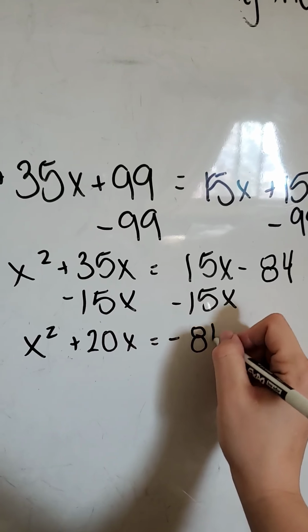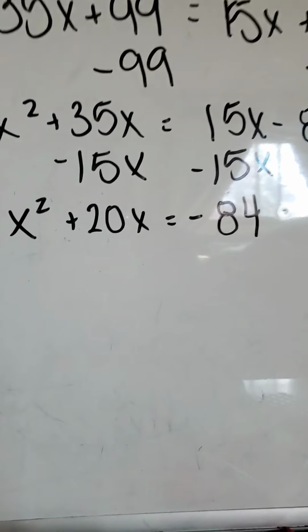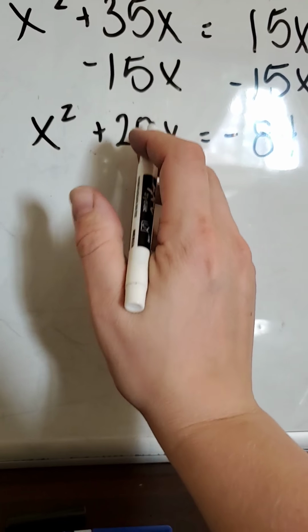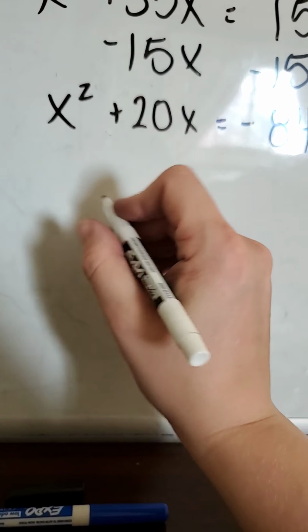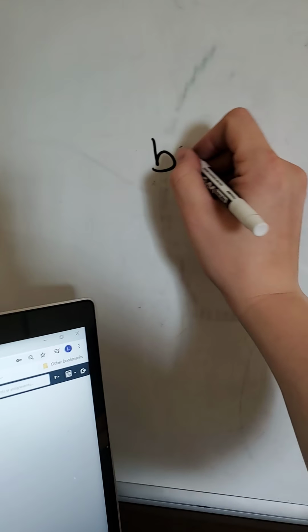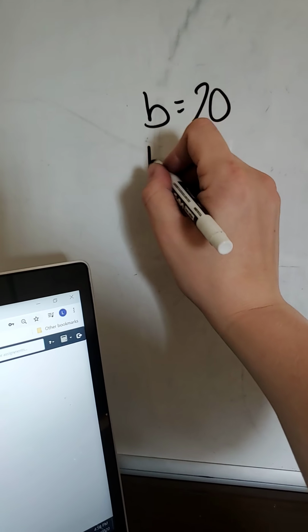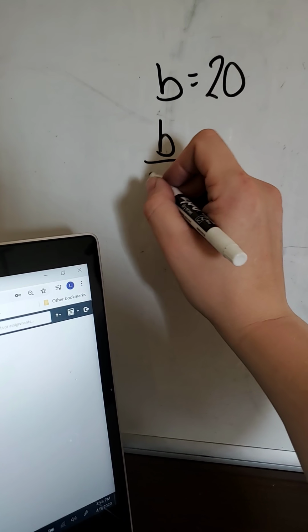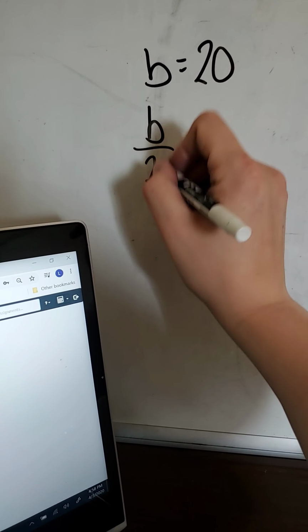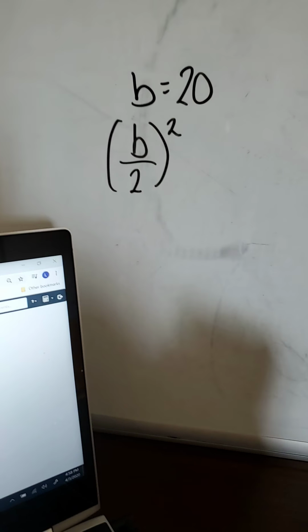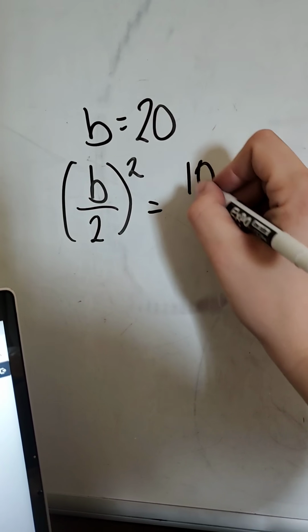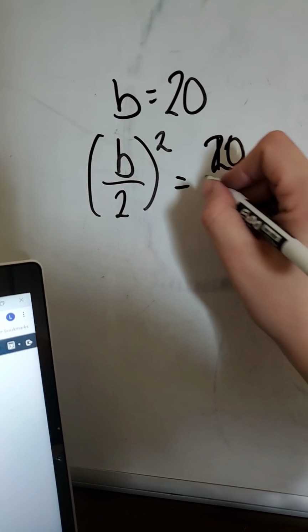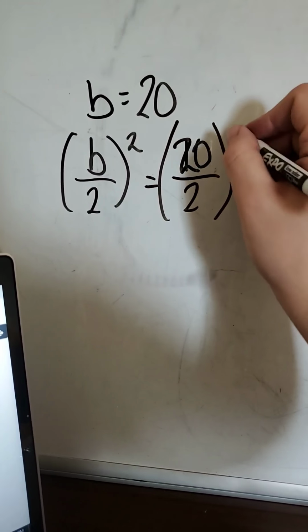x equals negative 84. Okay, so now I'm at that completing the square step where I take b, divide it by 2, and then square it. So b in this case is 20. So (b over 2) squared is what I'm looking for. B is 20, divided by 2, that's where I got the 10, squared.